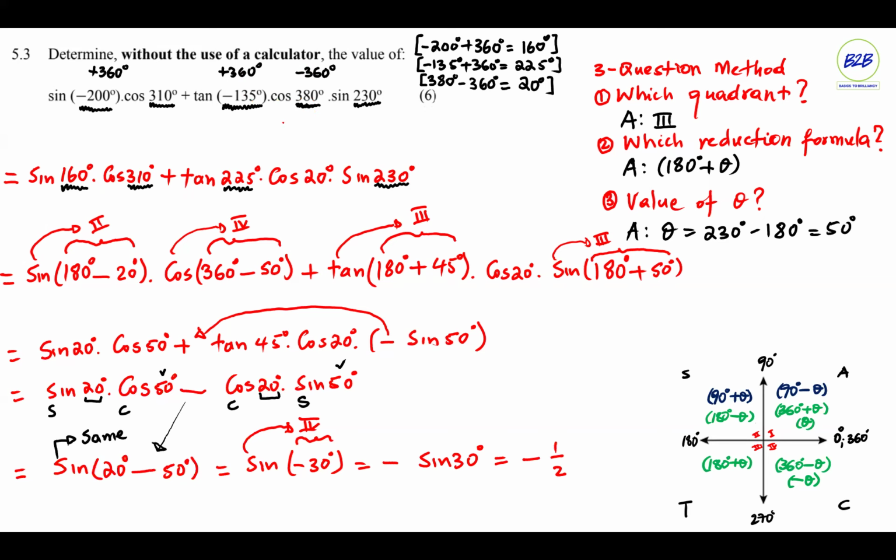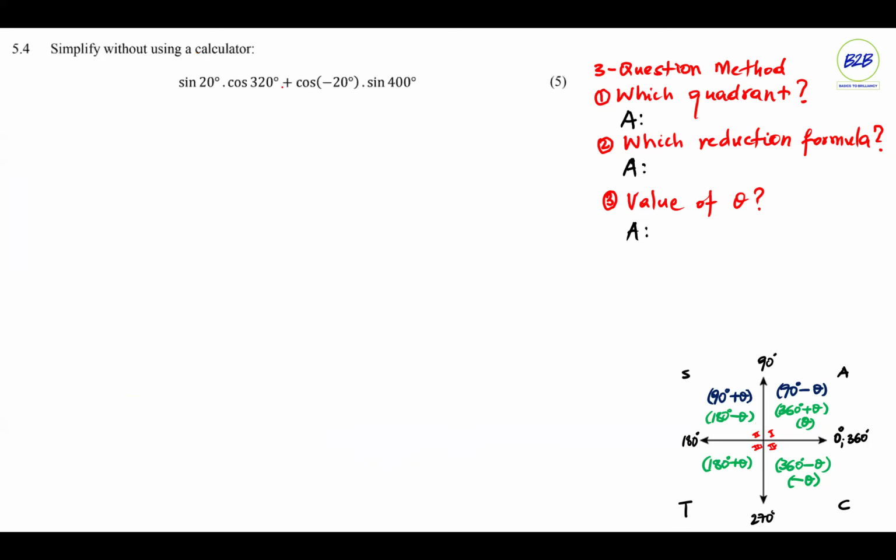That was lovely. It's your time to shine. Please do take a moment to attempt this question. I will show the solution just now. Pause the video and then attempt this question.